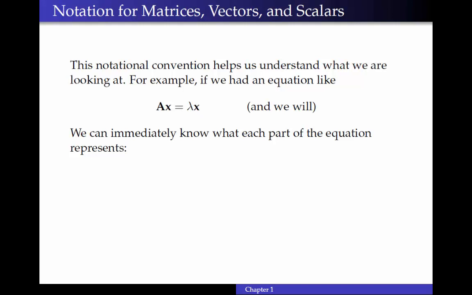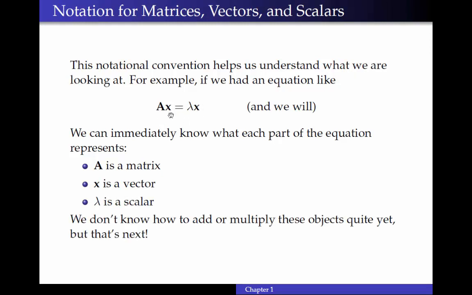So if an equation is listed as Ax equals lambda x, which it will be in the future, we can immediately know what each part of this equation represents. A is a matrix, because it's capital and bold. x is a vector appearing on both sides. It's lowercase and bold. And lambda is a scalar.